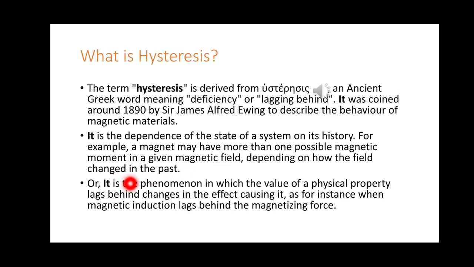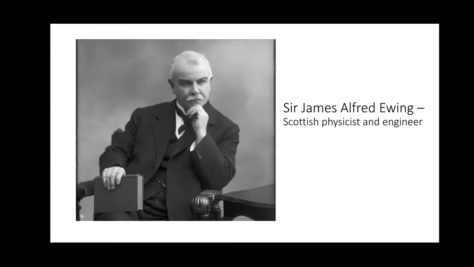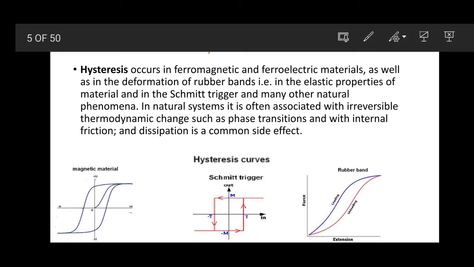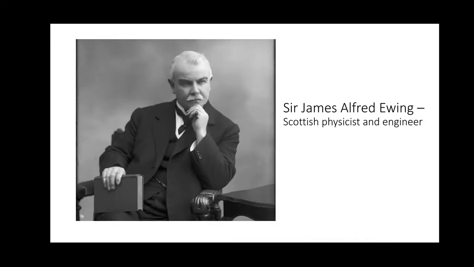Finally, the full definition of what hysteresis is: it is the phenomenon in which the value of a physical property lags behind changes in the effect causing it. As we see in this curve, the value of M lagged behind the value of H, the value of extension lagged behind the value of force, and the value of output lags behind the value of input.